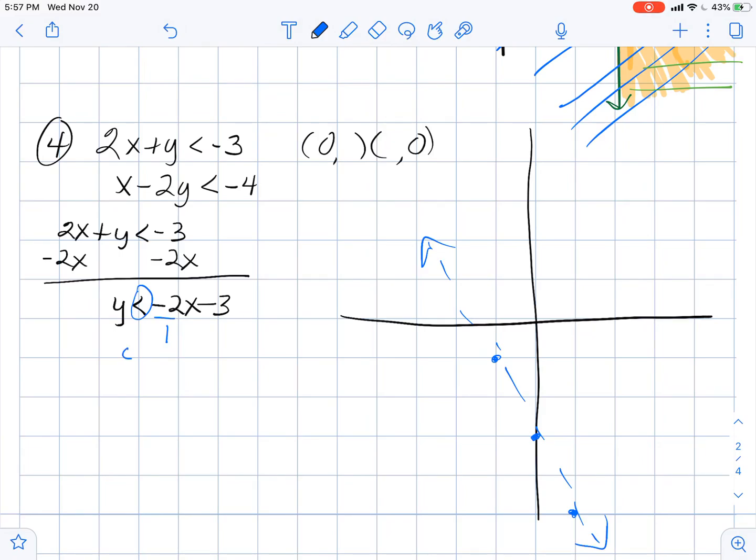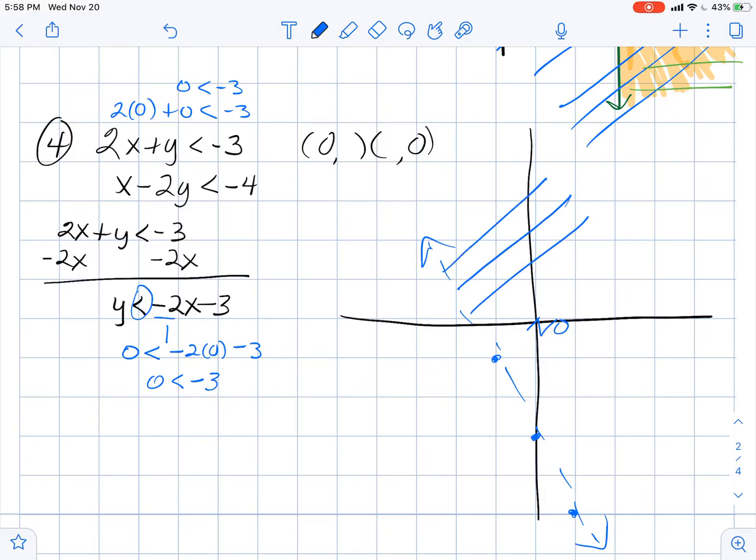When I test 0, 0, and if I test it here, I can actually test it in both of them. So this is 0 is less than a -3, which makes that a no. Now I could also come up to my original equation up here, which is still 0 is less than a -3, so that's a no. So I am going to graph, whoops, sorry, my bad.